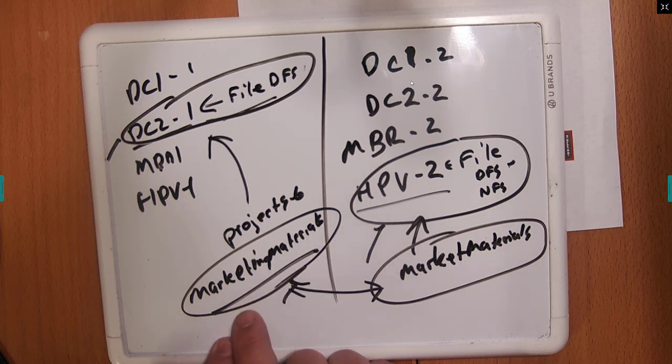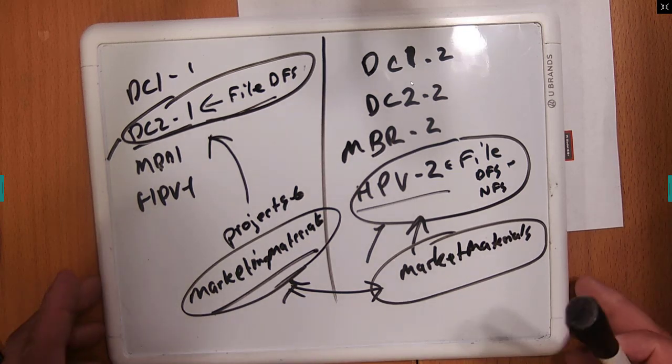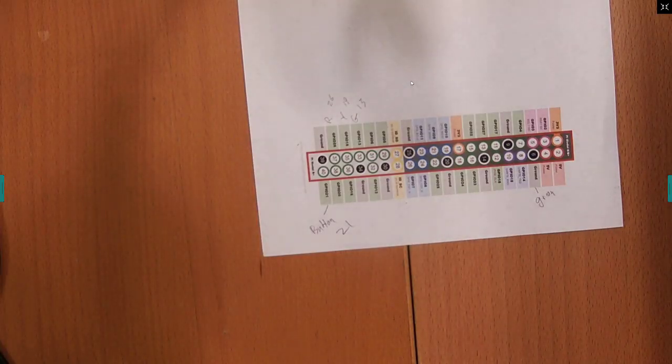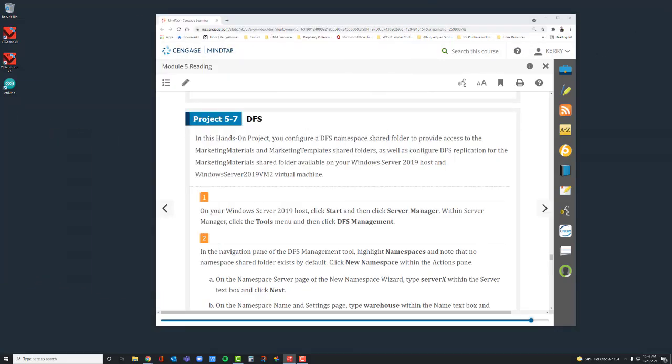And if I put a new file in on DC2-1, that file will show up on HPV, right? That's the goal. So hopefully that gives us a little perspective as to what we're trying to accomplish through this assignment.